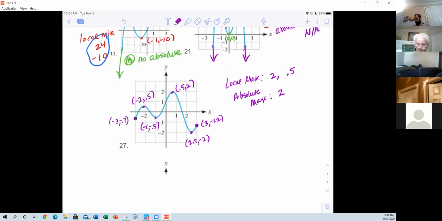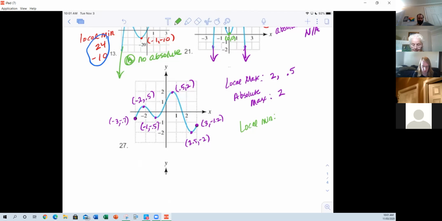All right, now let's look at the local mins. Name some low points on the graph. Low points would be where it says -3 at -0.7.